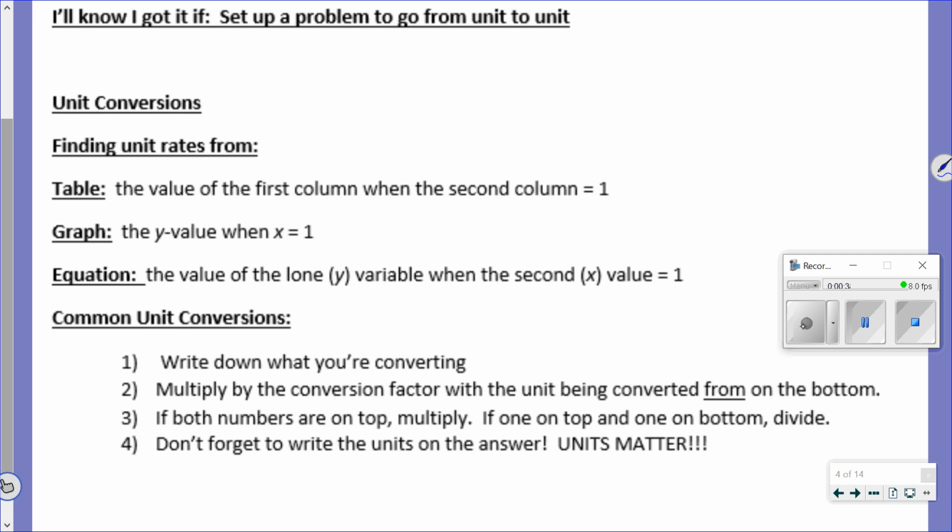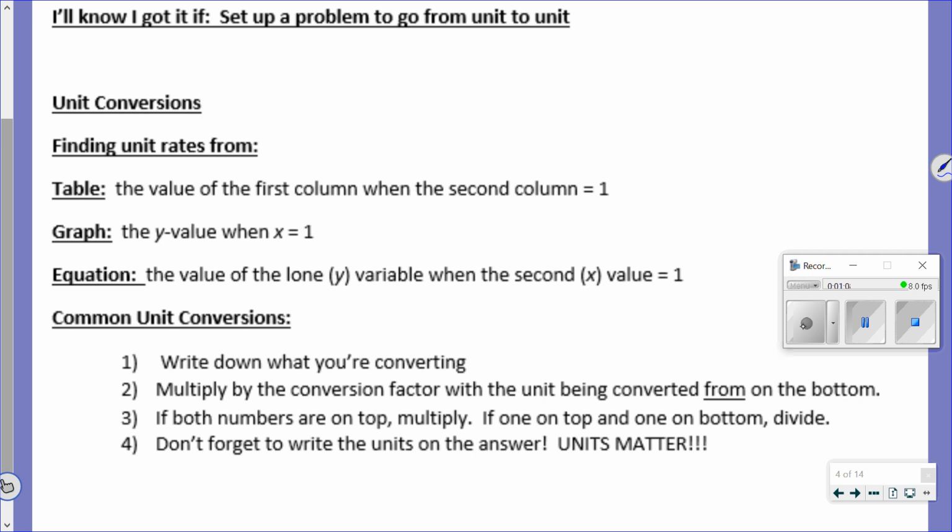So your first option is still to find a common entry. However, if they specifically ask for a unit rate, here's how you do that. If I have a table, I find my unit rate when the value of that first column is 1. So whatever my second column is, I divide by that amount to get the first column down to 1. That gives me my unit rate. If it's a graph, I look where x is 1, go up, and find the y value.